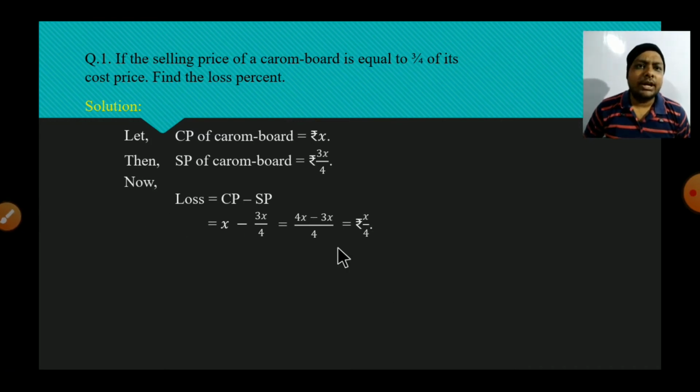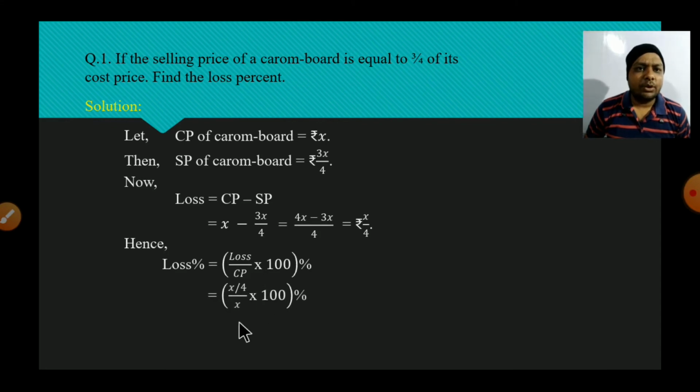Now we have got the loss. Now what we have to find? Loss percent. So we can now apply the loss percent formula, because we know the formula that loss percent equals loss by CP into 100. The loss we have just calculated, the CP we have assumed. So let's apply the formula. Loss percent is equal to loss by CP into 100%. So put the value: X by 4 by X into 100.